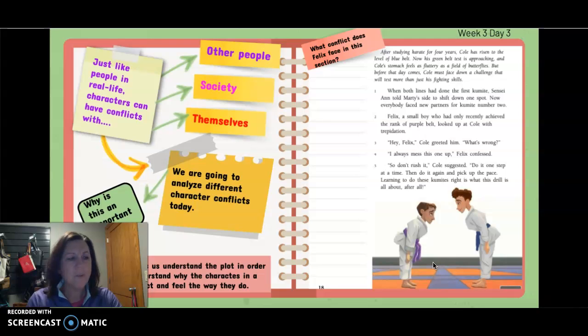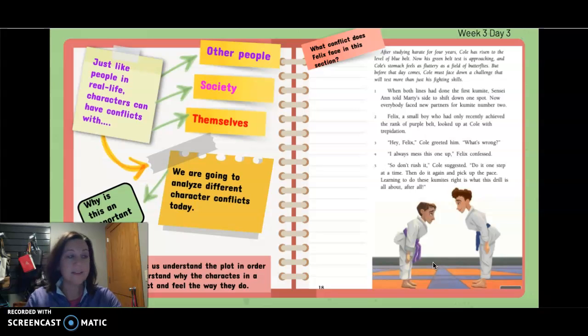Felix, a small boy who had recently achieved the rank of purple belt, looked up at Cole with trepidation. "Hey, Felix," Cole greeted him. "What's wrong?" "I always mess this one up," Felix confessed. "So don't rush it," Cole suggested. "Do it one step at a time, then do it again and pick up the pace. Learning to do these kumites right is what this drill is about, after all."